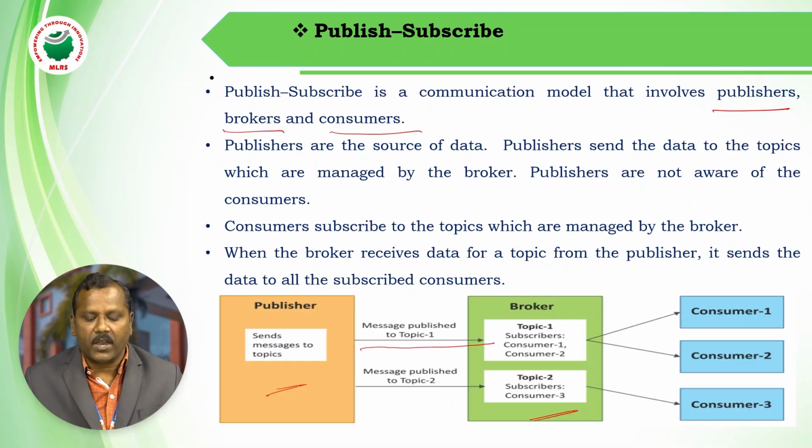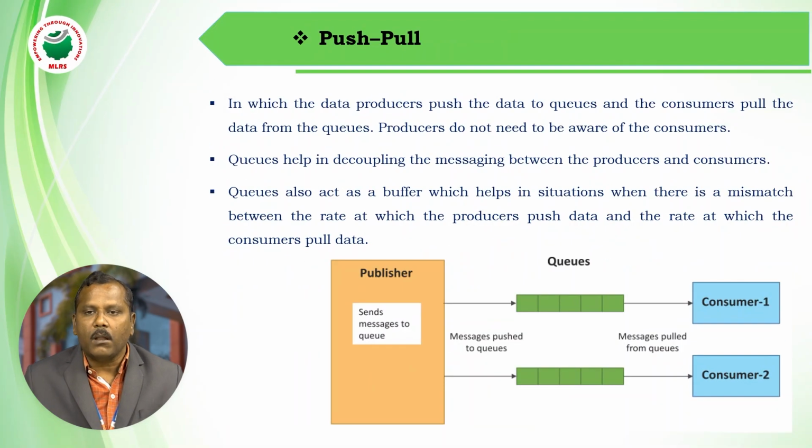Next we will see the push-pull communication model. In this communication model, the publisher will push the data, as the name itself says, push and pull. The publisher will push the data to the queue and then consumers will pull the data from the queue. That is the meaning of push-pull.